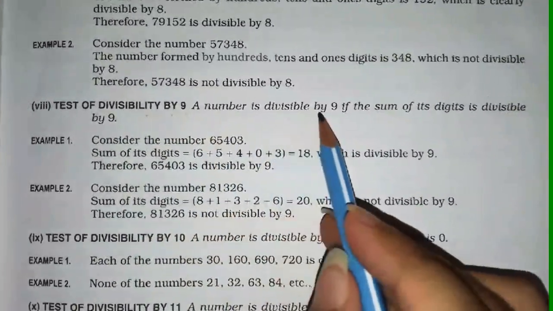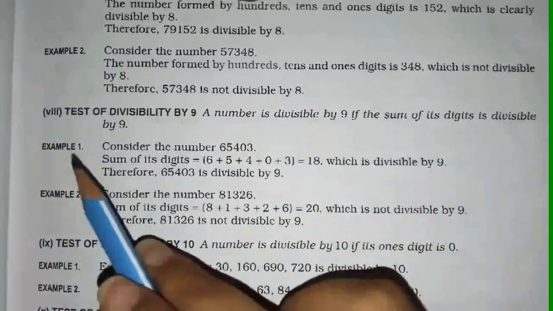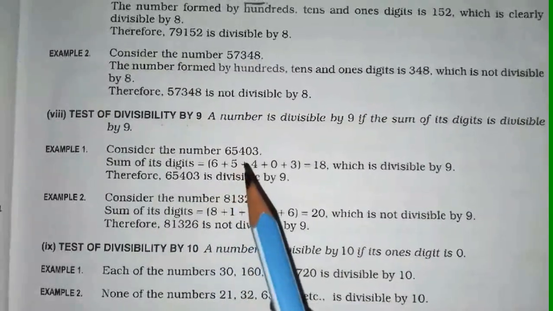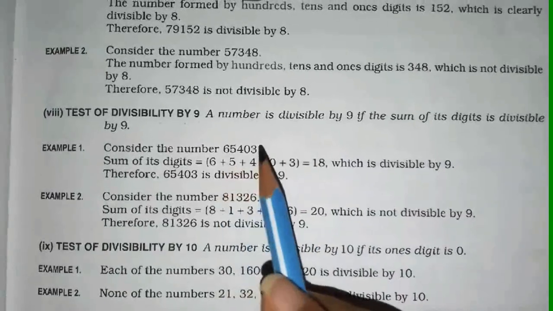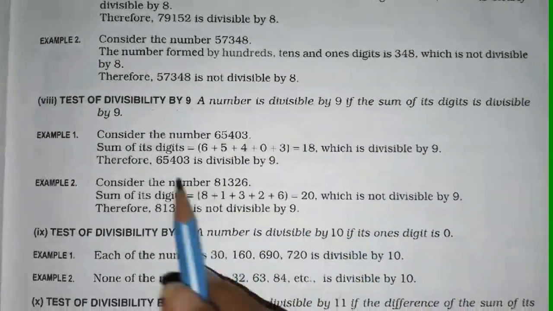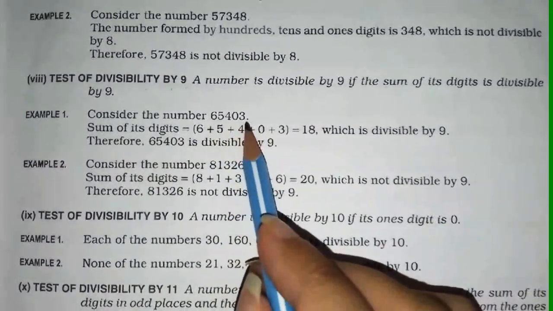A number is divisible by 9 if the sum of its digits is divisible by 9. Here, the tests for divisibility by 3 and by 9 are similar. The sum of all digits should be divisible by 9. Given number 65,403.